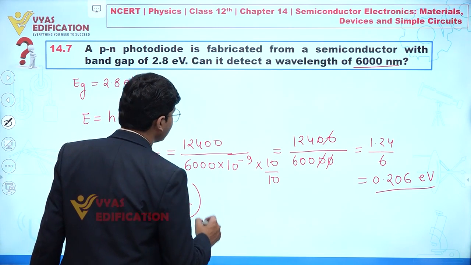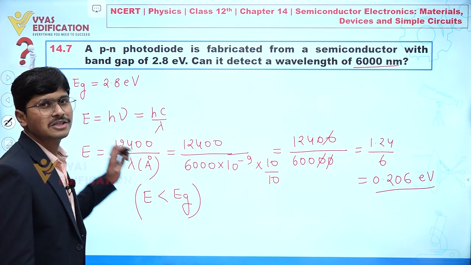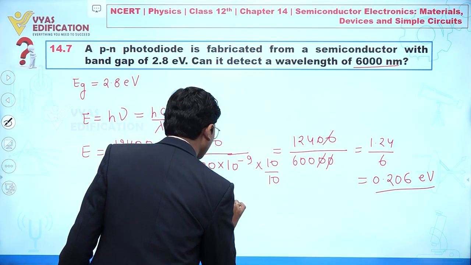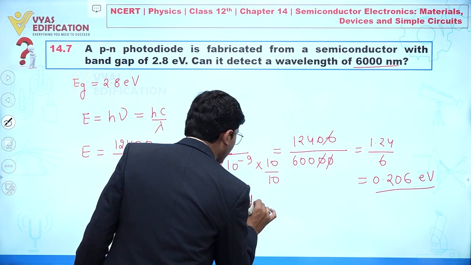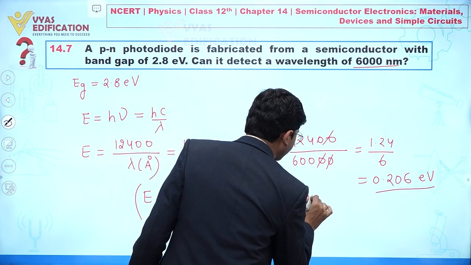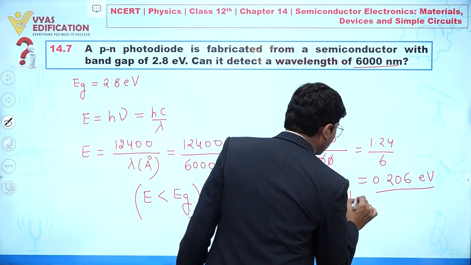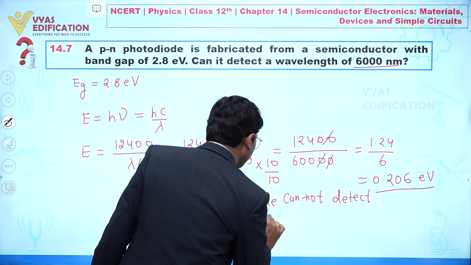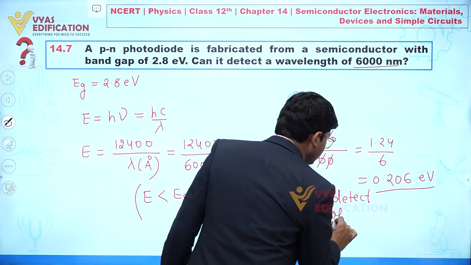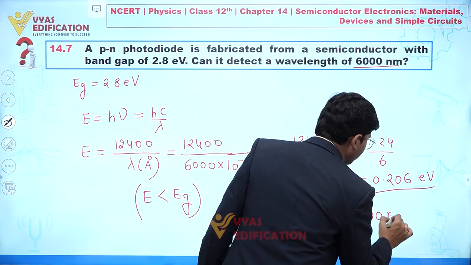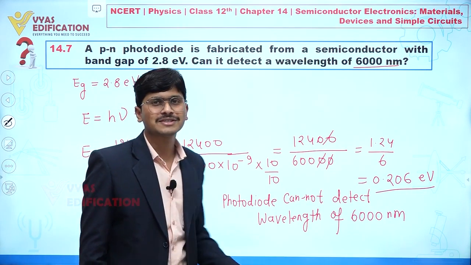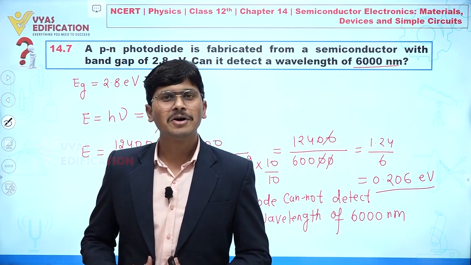So we can say this photodiode cannot detect a wavelength of 6000 nanometer. Clear to you? So this is all about this question.